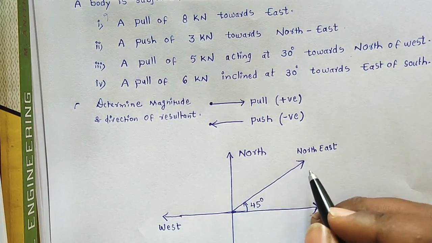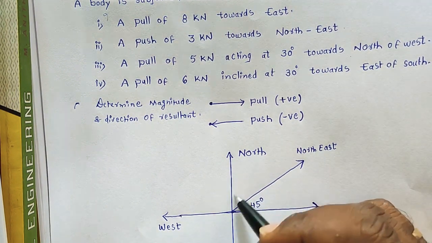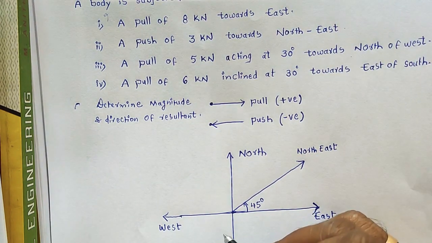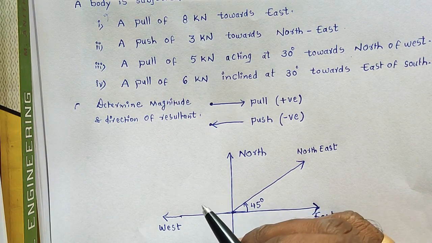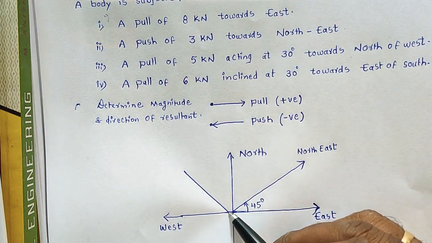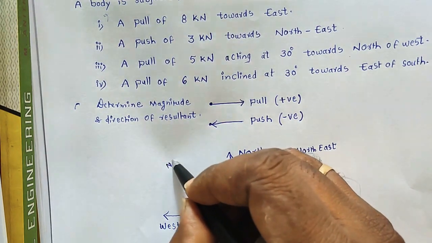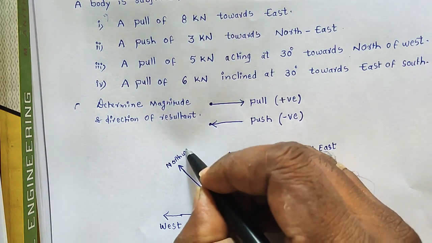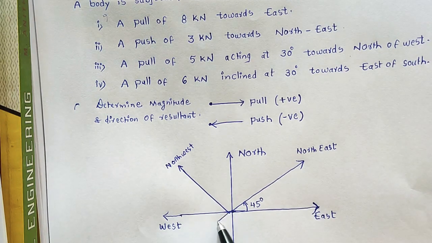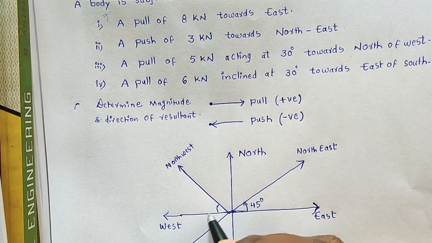So this northeast is going to make an angle of 45 degrees with the horizontal line, or 45 degrees with the vertical line, because it acts in the middle. Similarly, in the problem it has been given northwest. Northwest means exactly in the middle between north and west. Similarly, this is south and west, southwest. Here also it is 45 degrees.